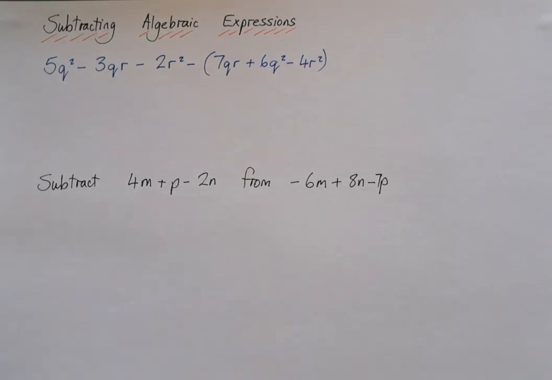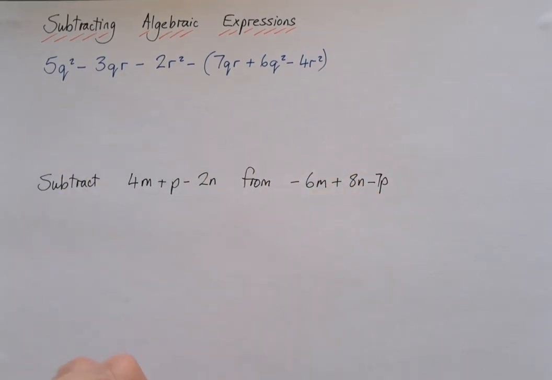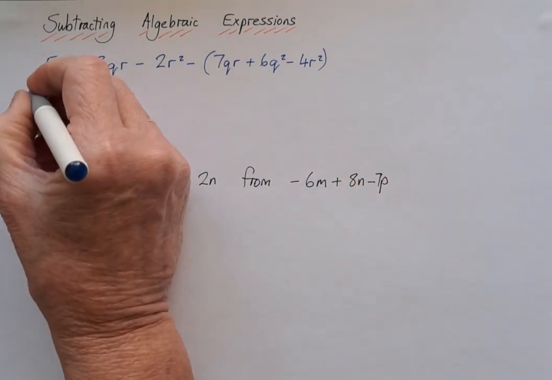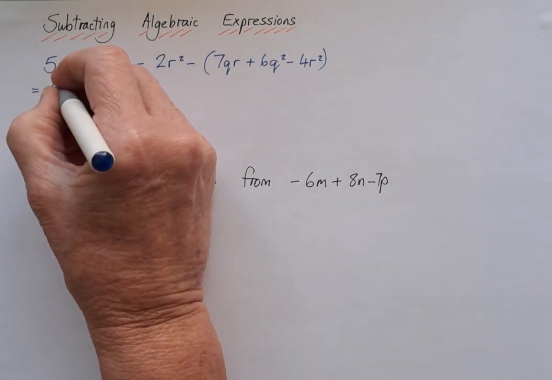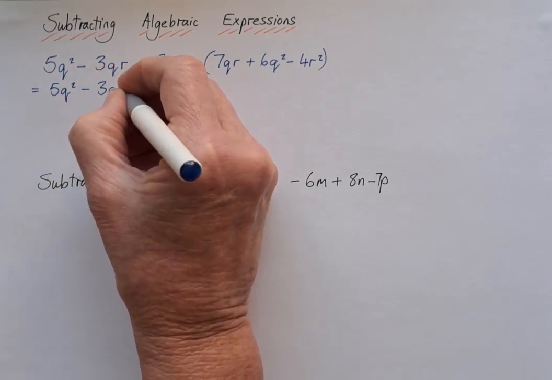But now we're going to carry on with the matter at hand, which is subtracting algebraic expressions. In the first one, we're going to do it in a way that we've done before, where we eliminate the brackets and then we start looking for like terms. So let's do that first of all by writing down the first 3 terms, because they're not attached to a bracket.